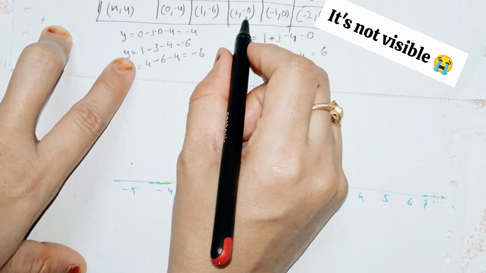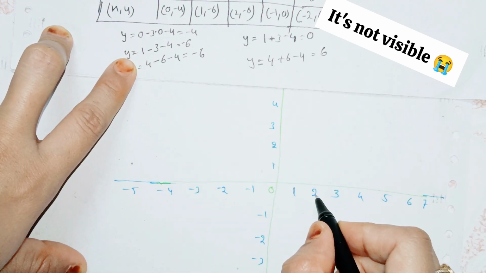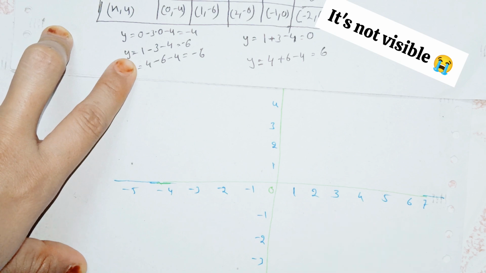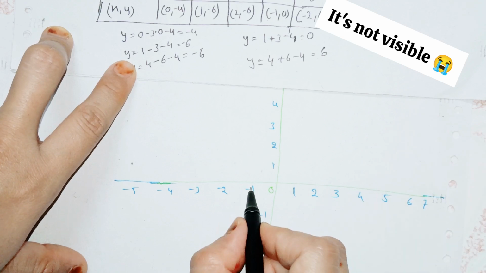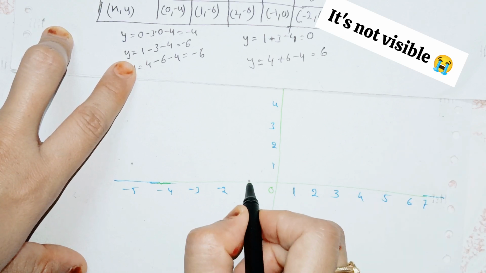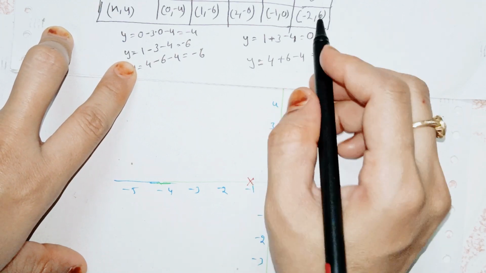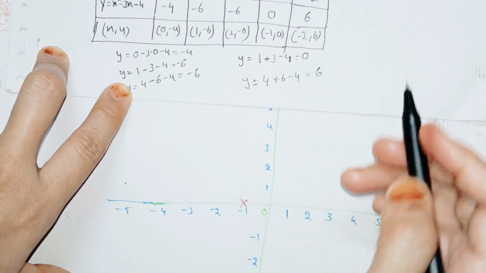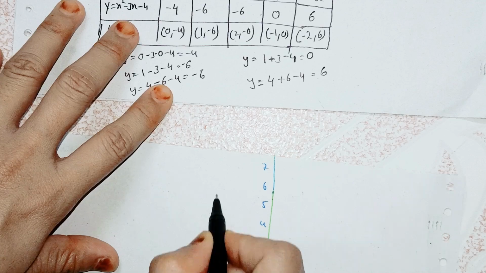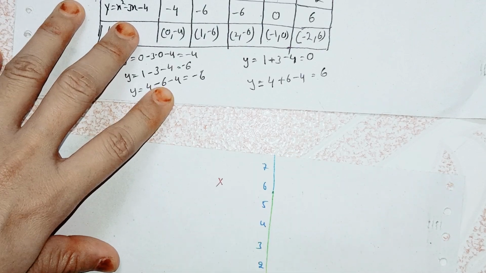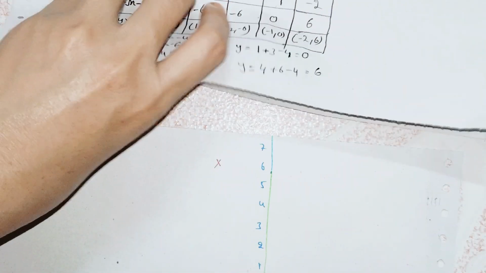Then 2 comma -6, 2 is here, again -6 is here. Okay, then -1 comma 0, so this is -1 comma 0 means the point is here. After that -2 comma 6, this is -2 and 6 is here. Okay, now let us take another 2 points.